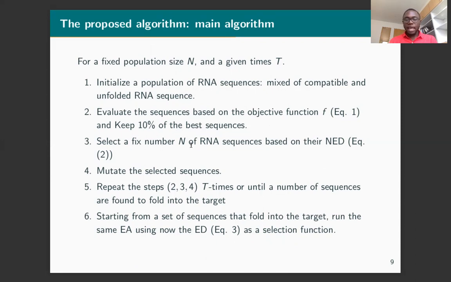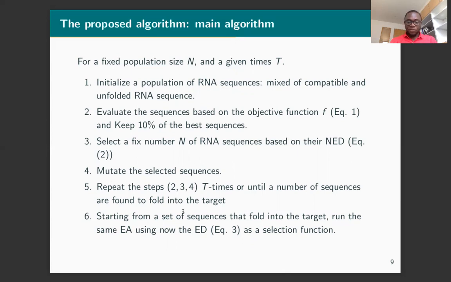Then we select n RNA sequences from the population based on the second objective function. At the fourth step, we mutate those sequences to generate new RNA sequences. Then we can repeatedly perform the second, the third, and the first step until a number of sequences are found to fall into the target structure.